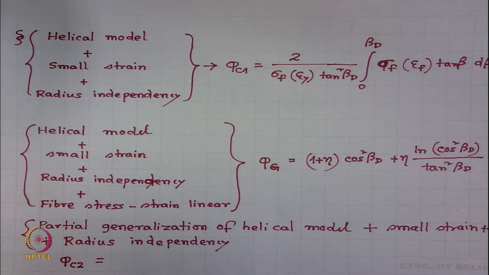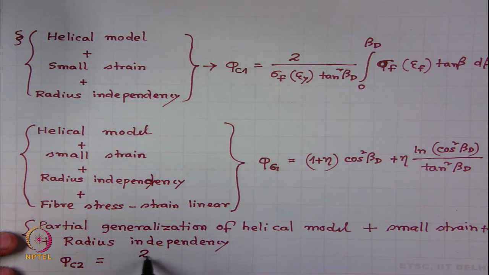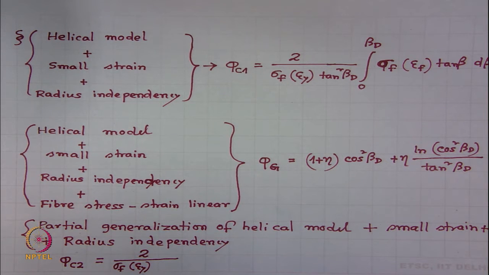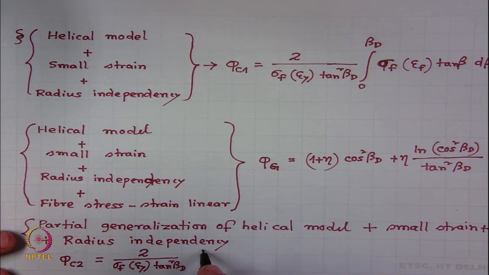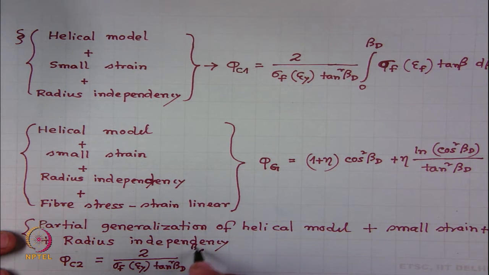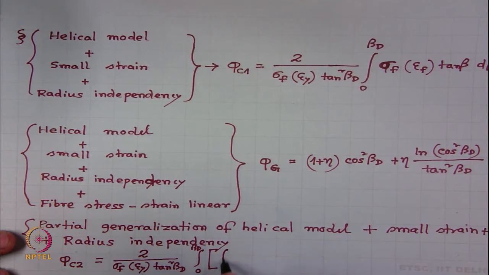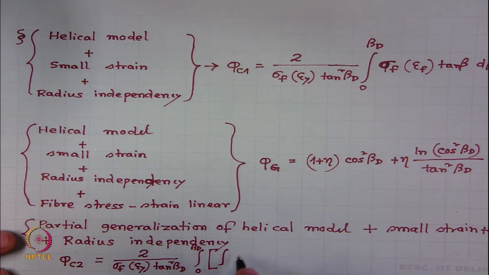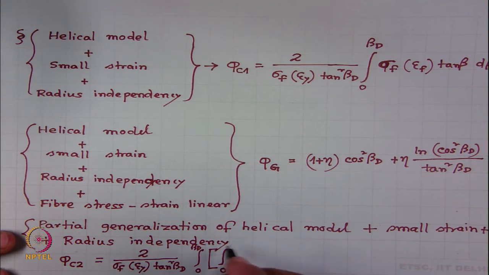This is equal to 2 by fiber stress at a yarn strain into tan square beta d, first integral starts from 0 to beta d, then another integral starts, that is 0 to theta u. This all we have already discussed.